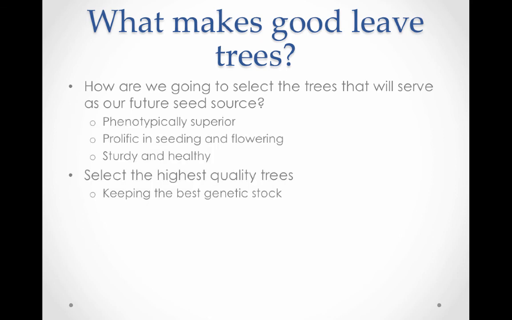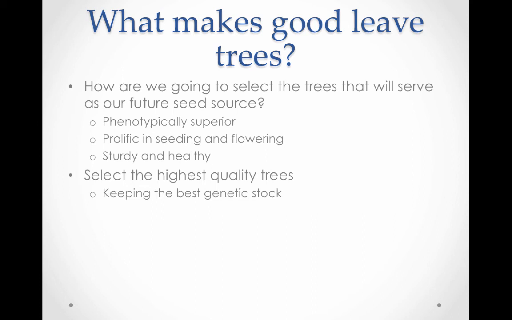Hopefully what you're thinking about is that you want them to be phenotypically superior. So you want them to look like a good tree. That might be a straight bole, that might be the kind of crown. You also want them to be prolific in seeding and flowering. The goal of leaving these trees is to produce seed for both the shelterwood and the seed tree, so you need trees that are going to produce.